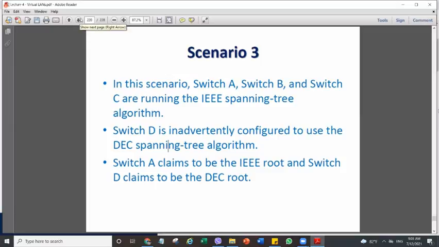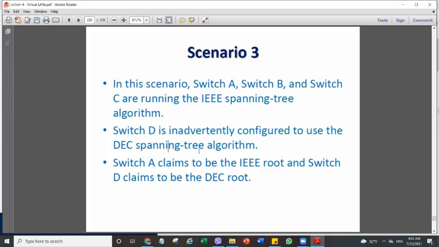So one spanning tree is contributed by switches A, B, C. The second one is contributed by D only. So eventually D will be the root in the second case, the DEC spanning tree.